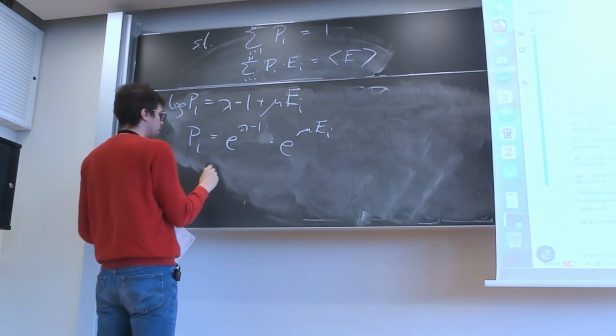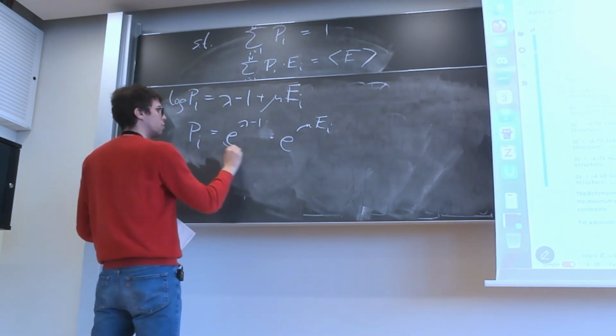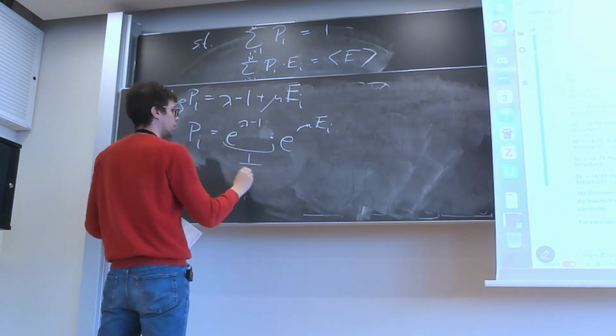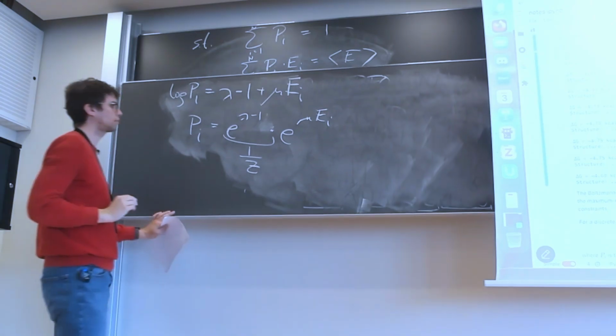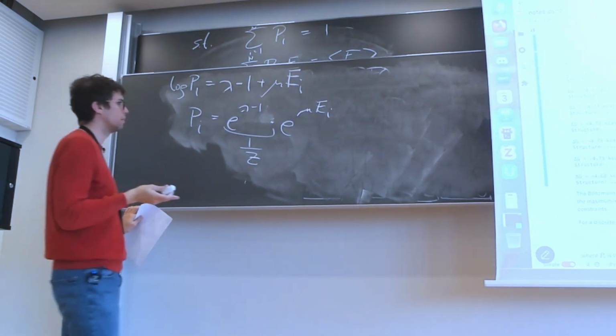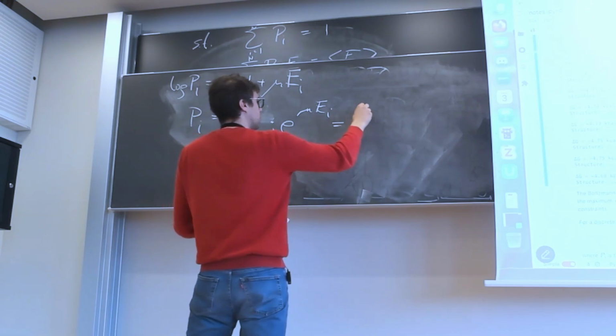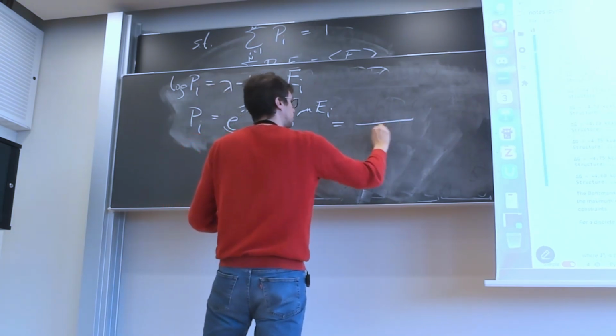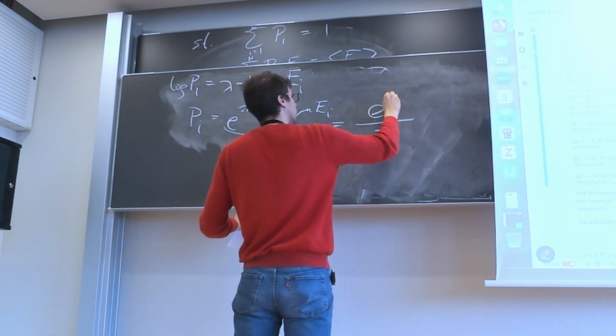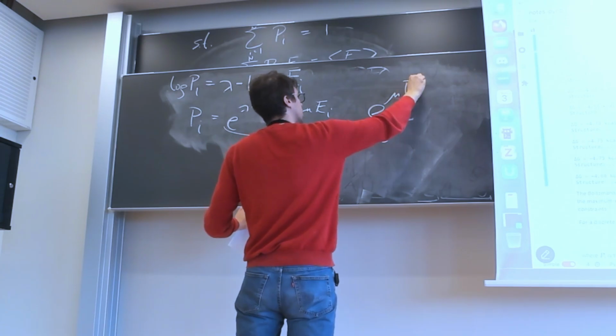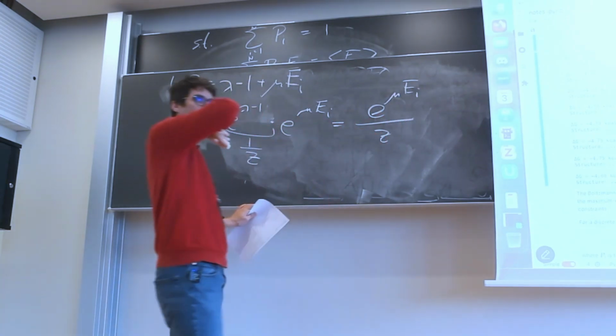And this tells us something about the form here. So here, this we will just call 1 over z for a reason that will become apparent in a second. And then we can have that this is e power some constant mu times EI over z.